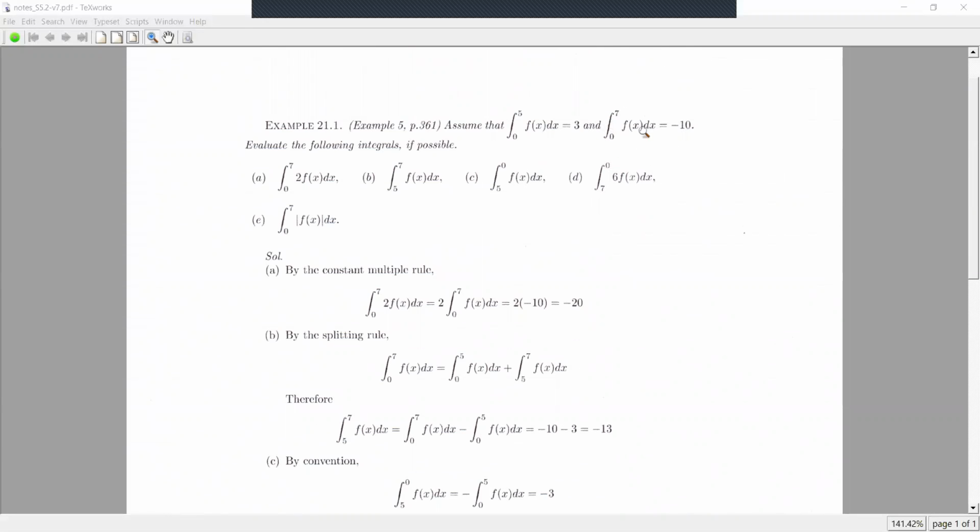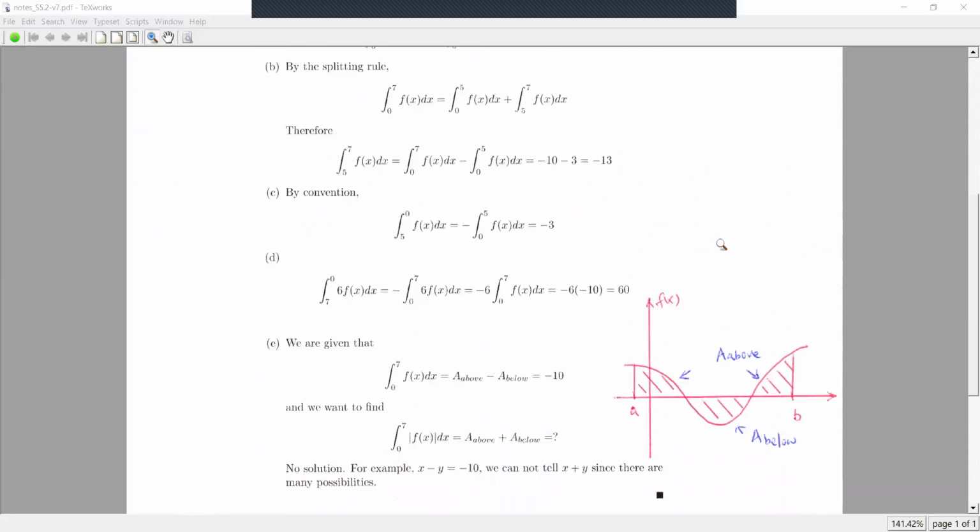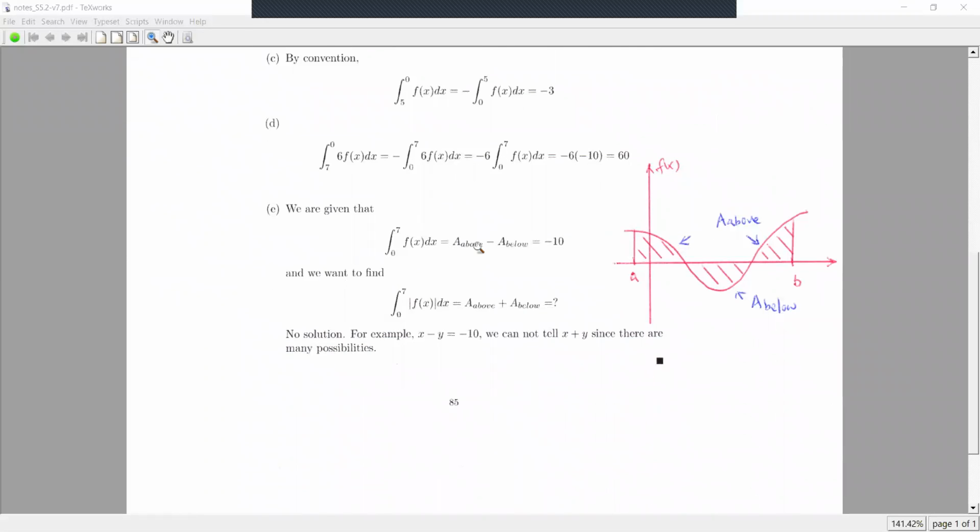This integral by formula is total area above the x-axis minus total area below the x-axis. It is -10. Okay, now A above minus A below is -10.